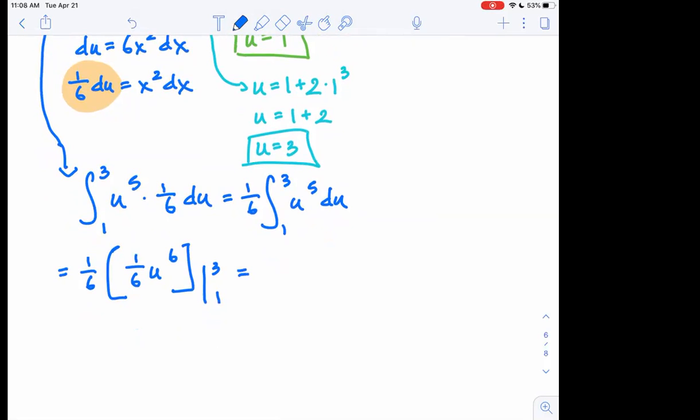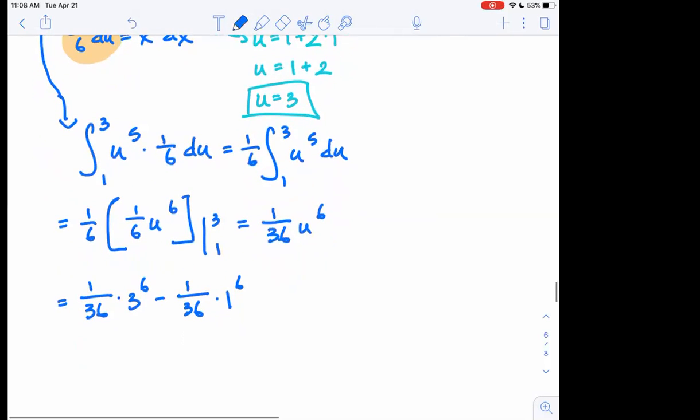And let me clean this up before I plug in numbers. 1/36 U to the 6th. And so that's going to give me 1/36 times 3 to the 6th minus 1/36 times 1 to the 6th.